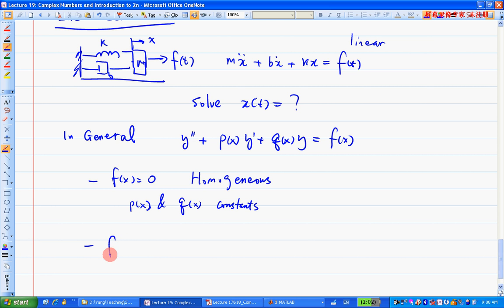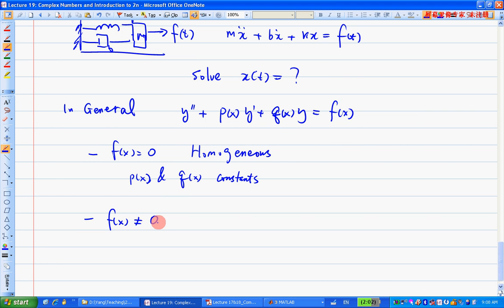And of course, we have the case where f(x) is not equal to 0. That basically gives us a non-homogeneous equation.